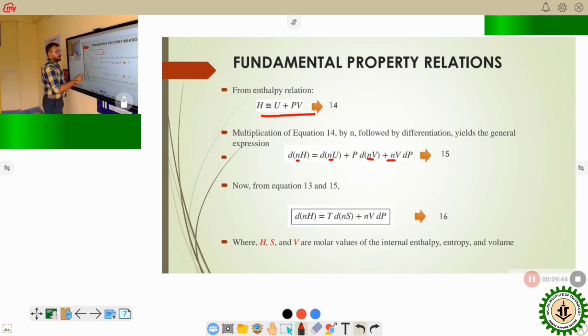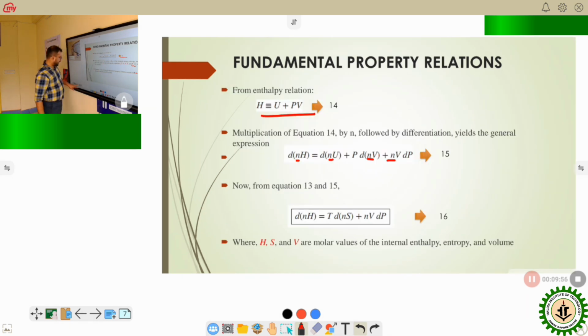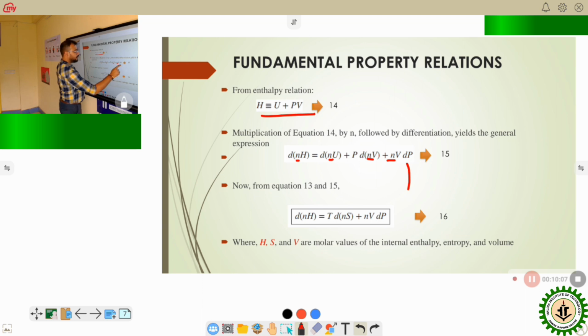Okay. Now, if we consider the previous equation, equation number 13, where dU equals T dS minus P dV, and in equation number 15 here, if we replace this dU with T dS minus P dV, then we can reduce equation number 15 to equation number 16, which is dH equals T dS plus V dP when n is equal to 1. Okay, where n is equal to 1.